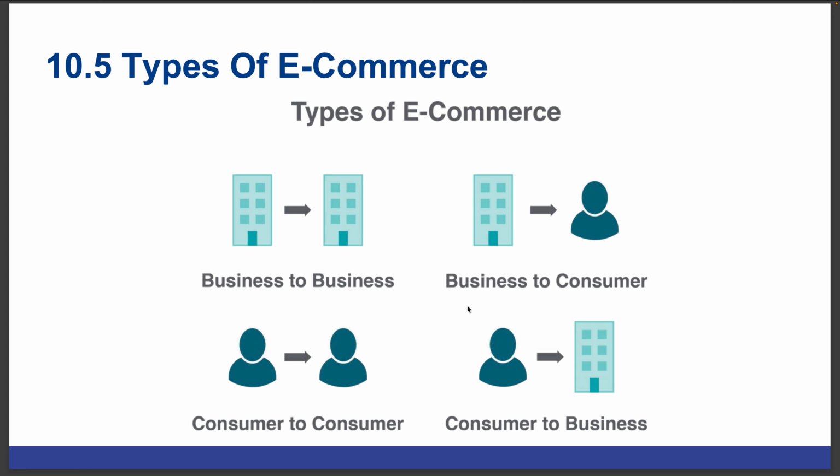Office supplies is a very common product, whether it is Xerox machines or staplers and other office utilities. The next segment is business to consumer, which is the commonly known online retail stores like Amazon or Walmart or Atlantic Superstore, etc.